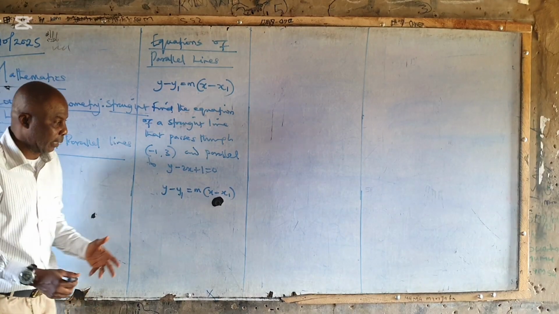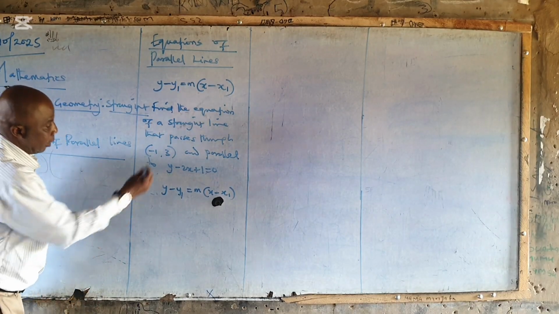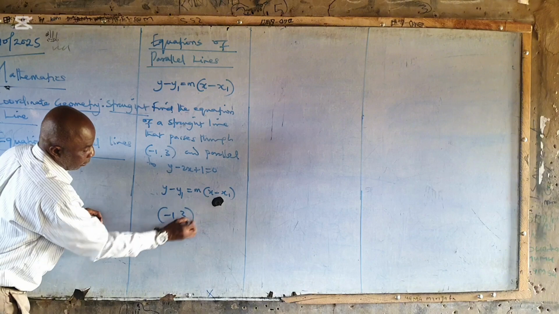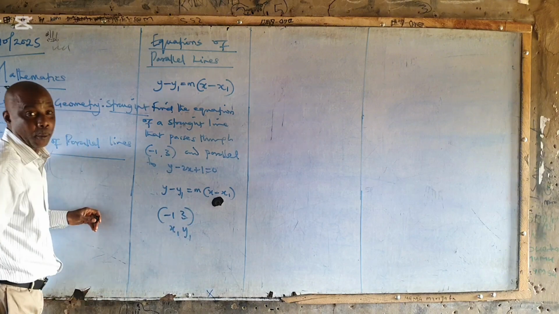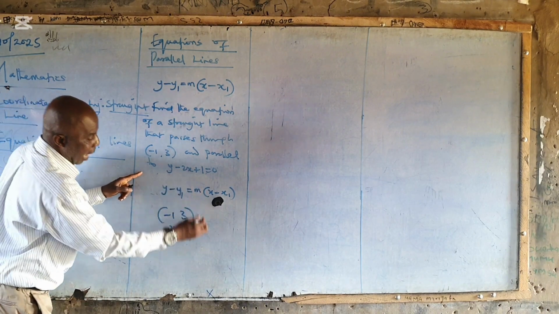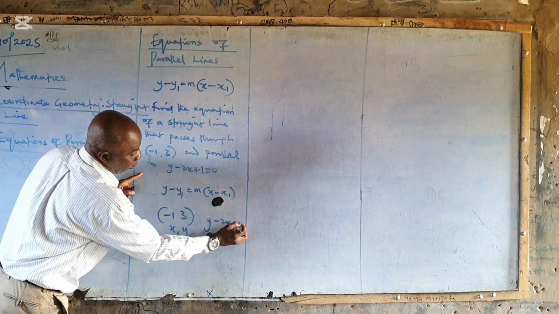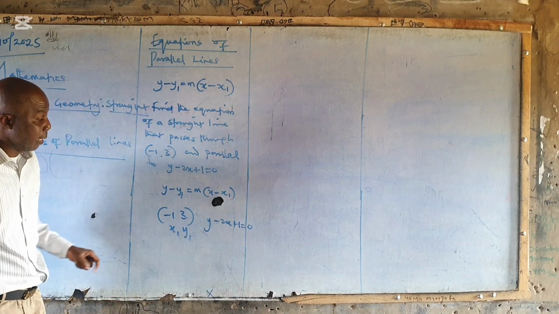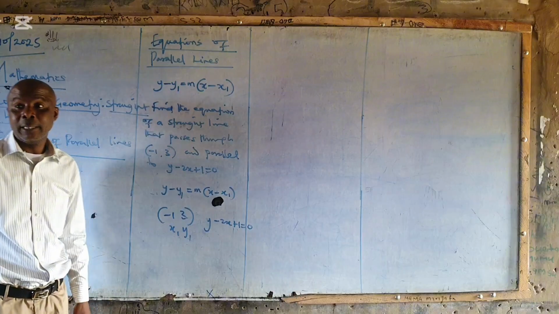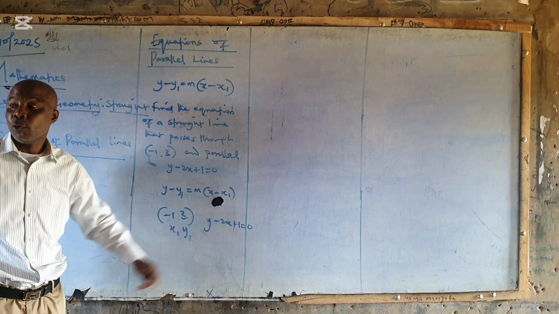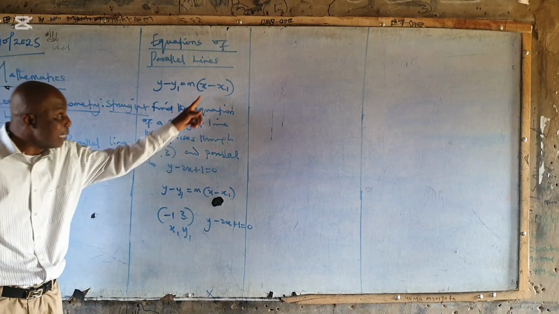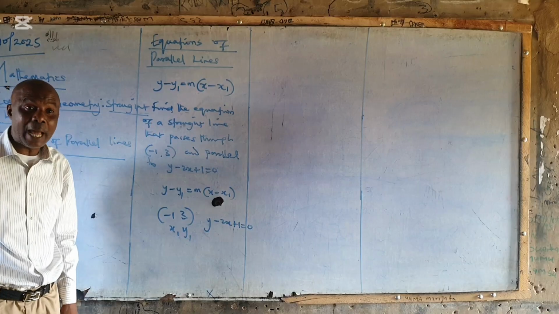Now, you'll be wondering, where do you get all those things from? Minus 1, 3 is your x1, y1. Now, look at the equation of the other line given to you, y minus 2x plus 1 equals 0. What you need to do here is to rewrite this equation in the gradient intercept form so that you can obtain the gradient that you need to find the equation of that parallel line.